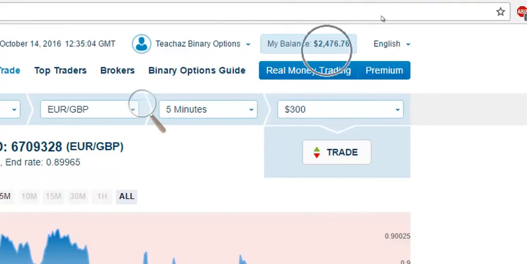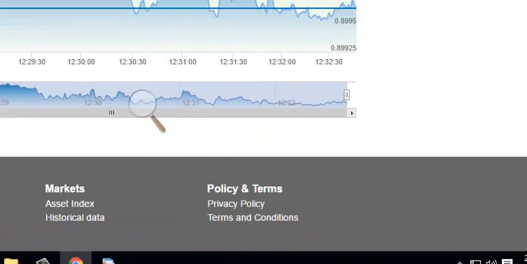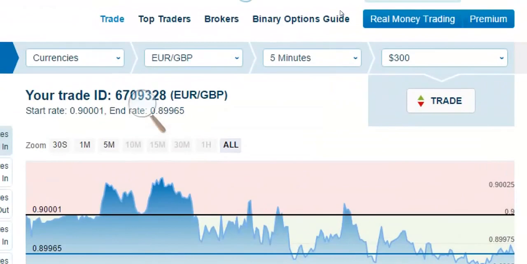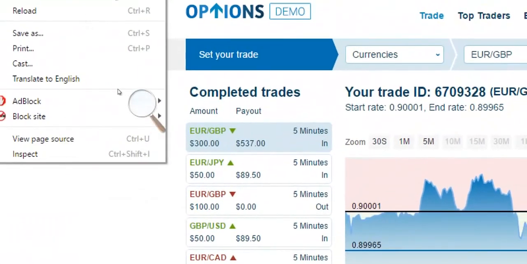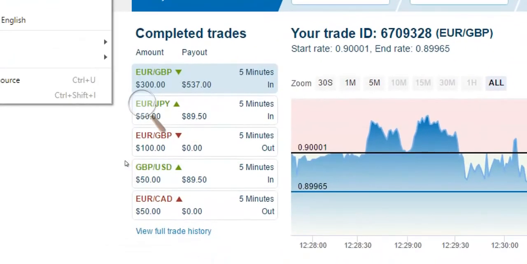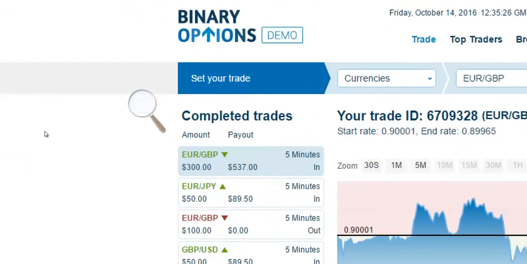When I started, I think I had 2,231, and this is just in less than 30 minutes, guys. I'm trading 5 minutes. I've actually traded how many trades? 1, 2, 3, 4, 5. Should be around 10 trades, and I've managed to generate some cash.